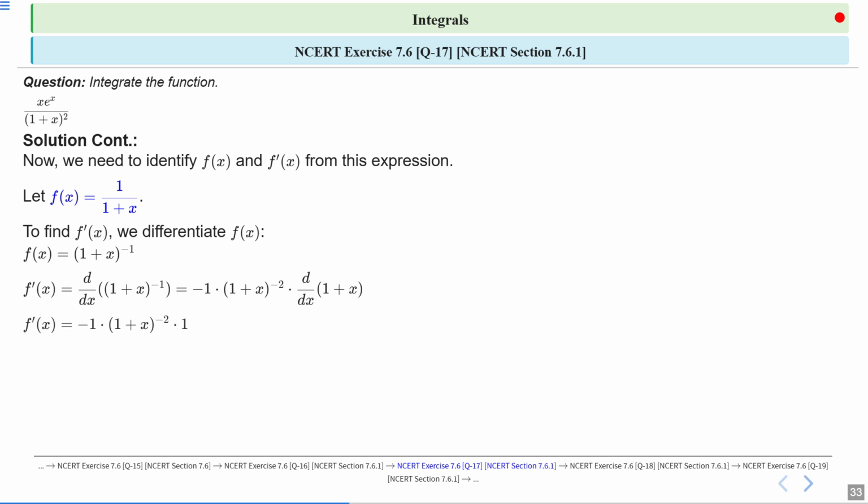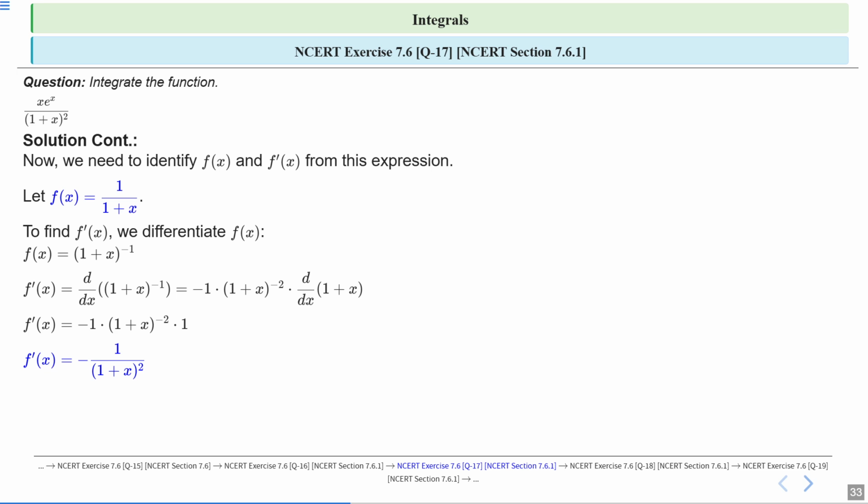So the value of f dash x is minus 1 into (1 plus x) power minus 2 into 1, that is, differentiation of 1 plus x is 1. So the value of f dash x is minus 1 by (1 plus x) whole square. That is our second term. So we identify f(x) and f dash x.